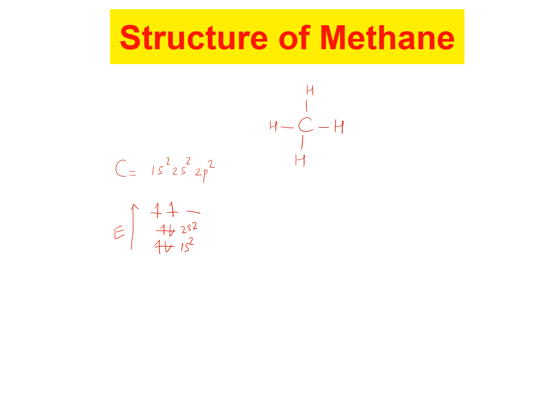However, if you look at the structure of methane, carbon forms 4 bonds. Here it has only 2 unpaired electrons, which doesn't explain the formation of the 4 bonds of carbon.